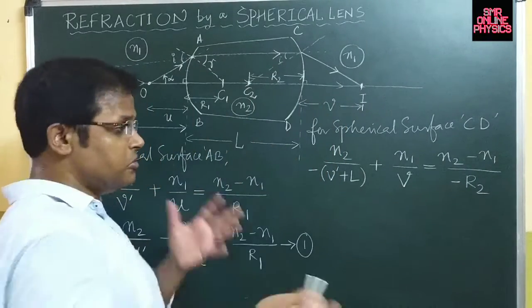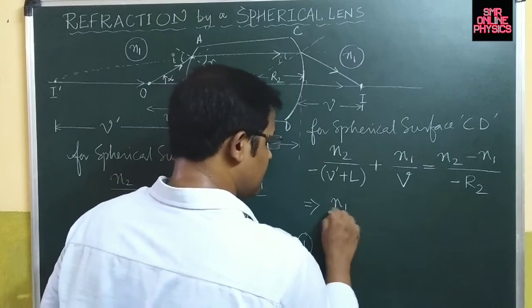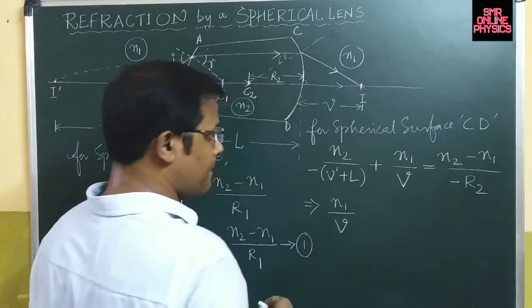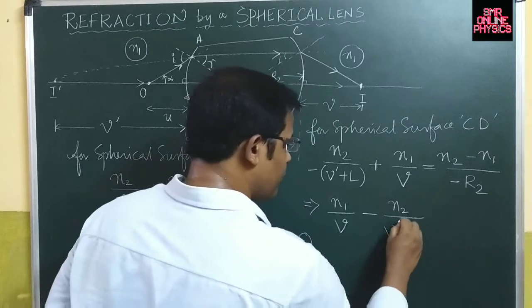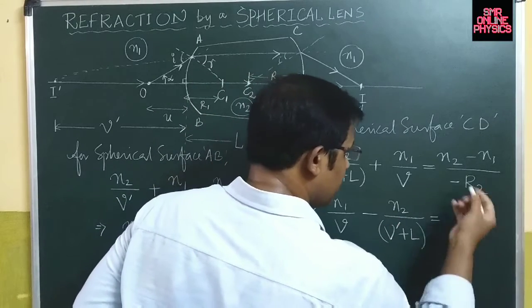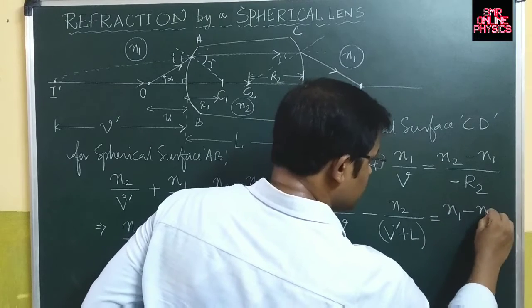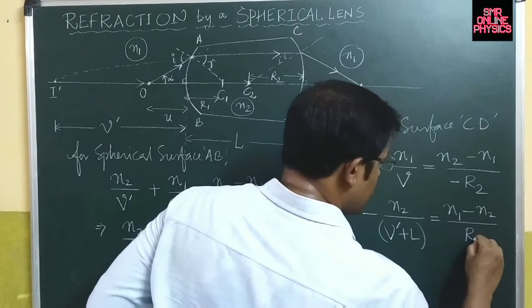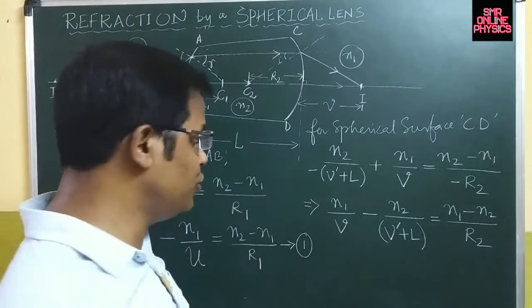That's it. Just quickly rearrange the equations. Let us write this way, N1 by V minus N2 by V prime plus L, and this is like, say, minus is taken common there, N1 minus N2 by R2. Hope I'm connecting right to you.